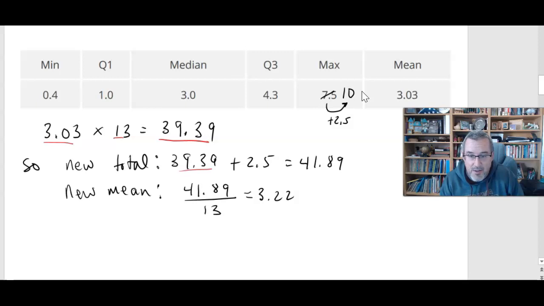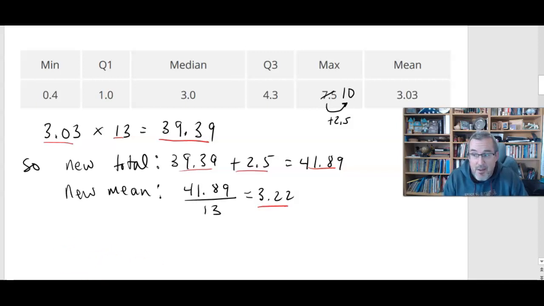So instead of 39.39, it would be 41.89, adding that additional 2.5. And then the new mean would be, take that total and divide by 13, equally distribute all of those distances, the sum of all of those distances. The mean would now be 3.22.